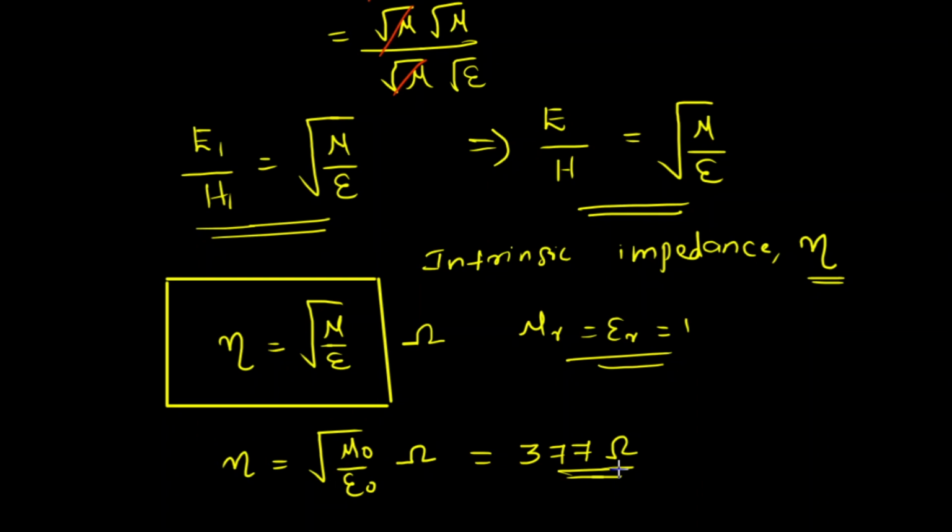I have already given you the expression for the phase constant, but we have to see mathematically how we obtain that expression for beta. In coming videos, we will discuss the propagation constant. This video was made for intrinsic impedance and thereby to find the relation between E and H.